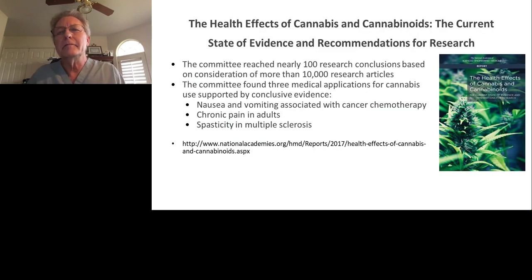Now, this is really remarkable to me. The National Academy of Sciences, Engineering and Medicine, 18 years ago, well, actually 20 years almost now, did a report following California's approval by the voters of using medicinal cannabis legally in the state of California.